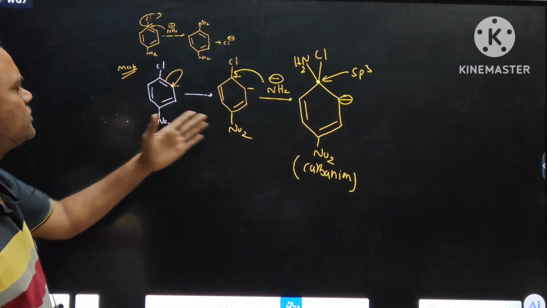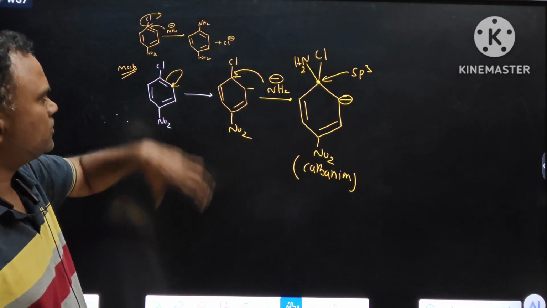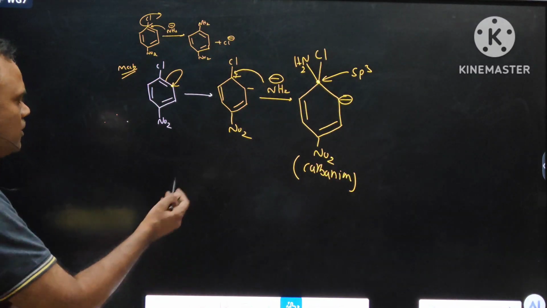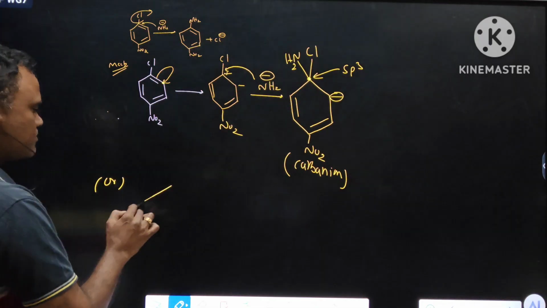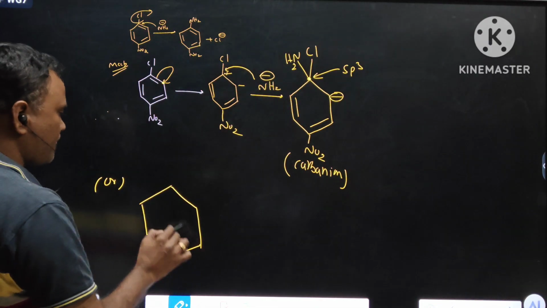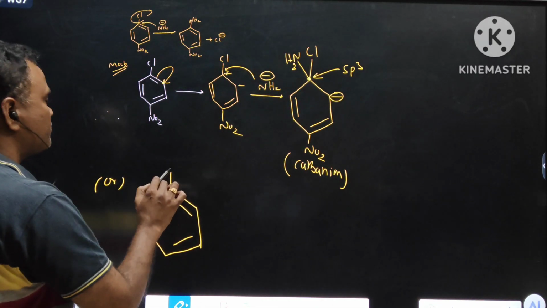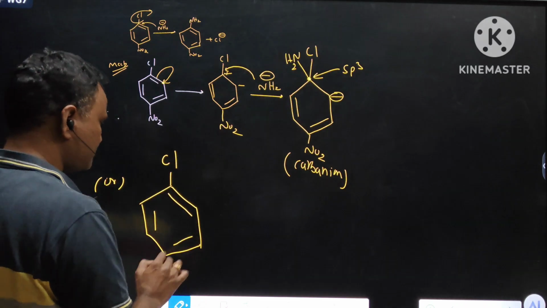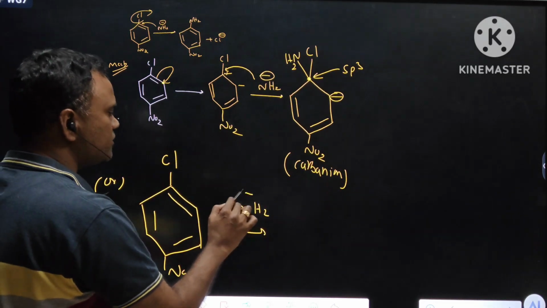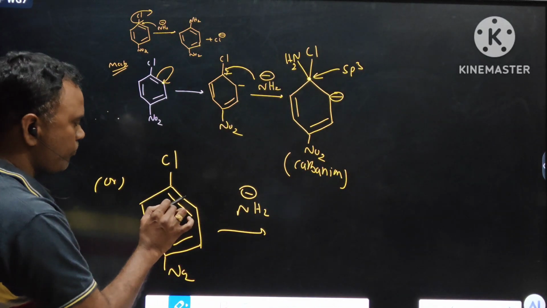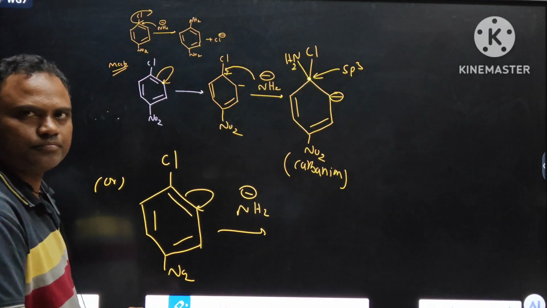You can write this in a single step by eliminating this. How can you write this? This is CN, right? NO2. See, within a single step, how can we write this? Shift this on this side.